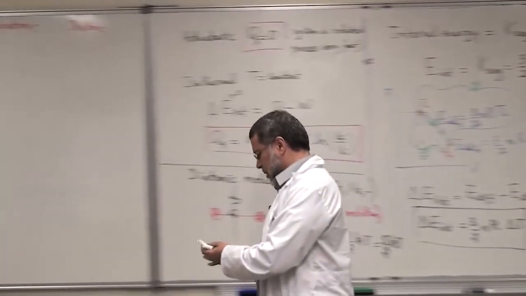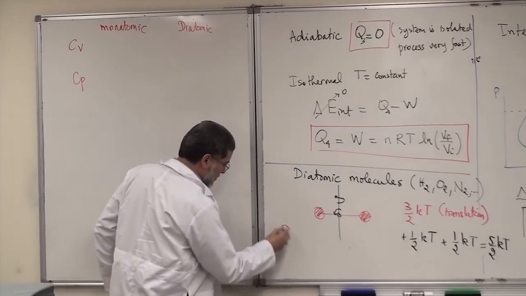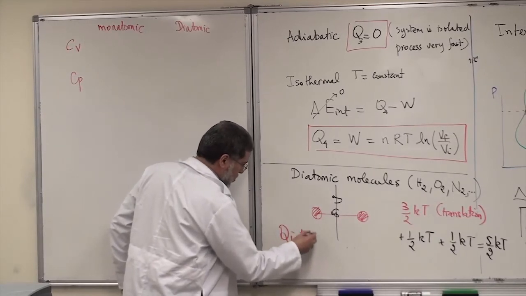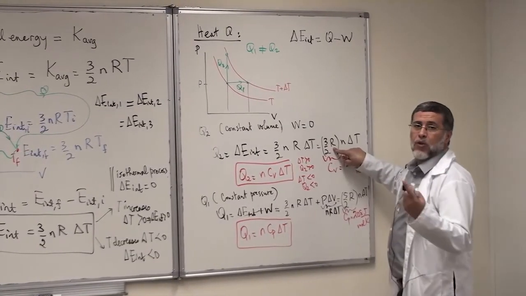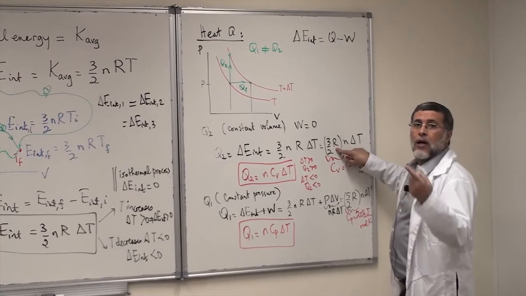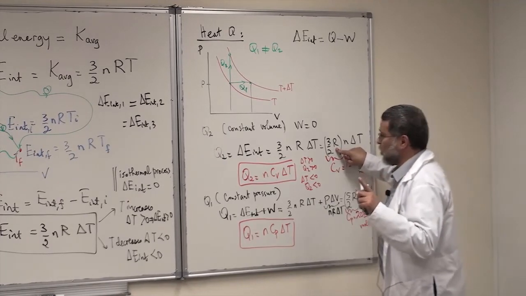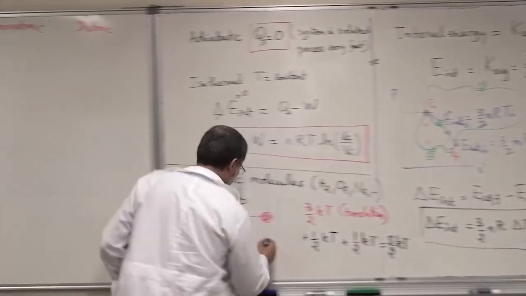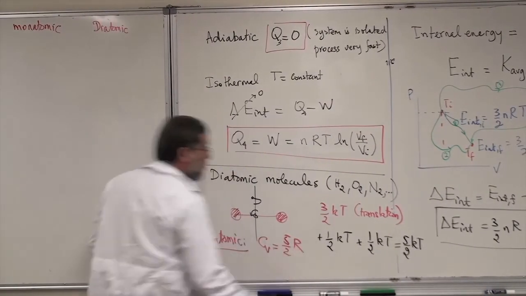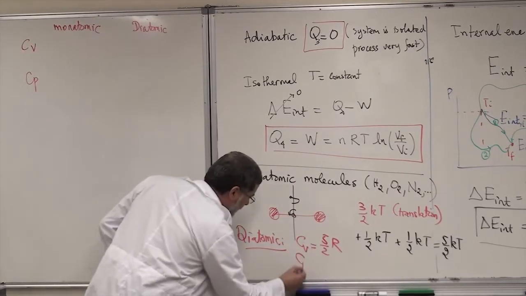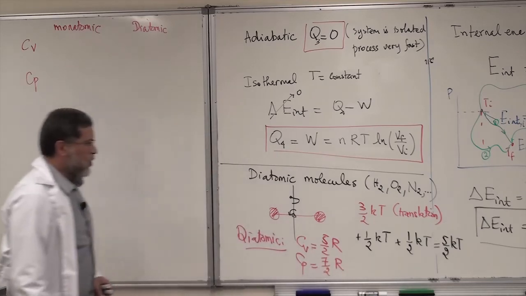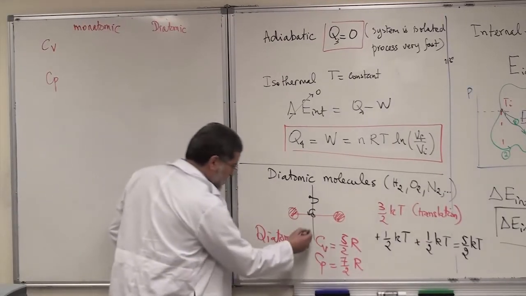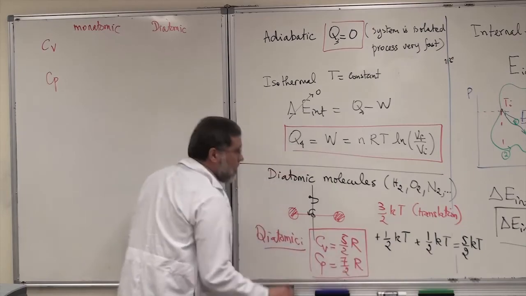Now, for diatomic molecules, my CV, which was here for monatomic gas 3 over 2 R, becomes 5 over 2 R. And CP becomes 7 over 2 R. That's the CV and CP for diatomic molecules.